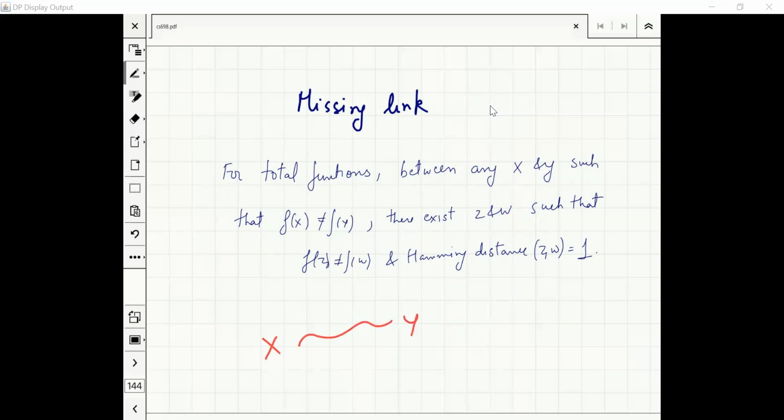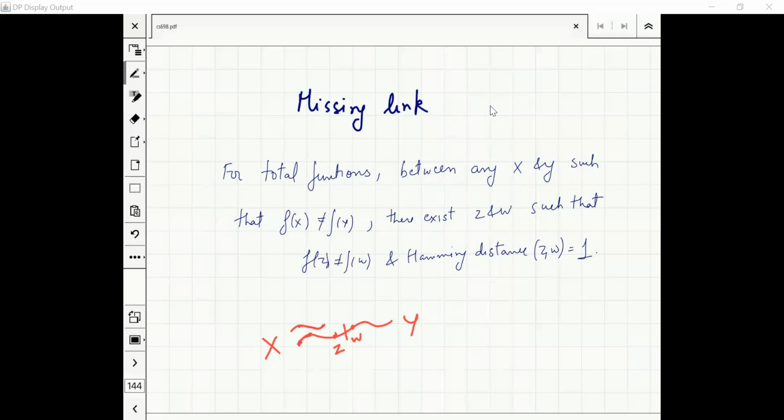And when you travel this path, you will get to two inputs z and w such that the function value differs and the Hamming distance is just 1. Correct? If the function value is different at x and y, then as you take this path, on one of the edges your function value should differ.